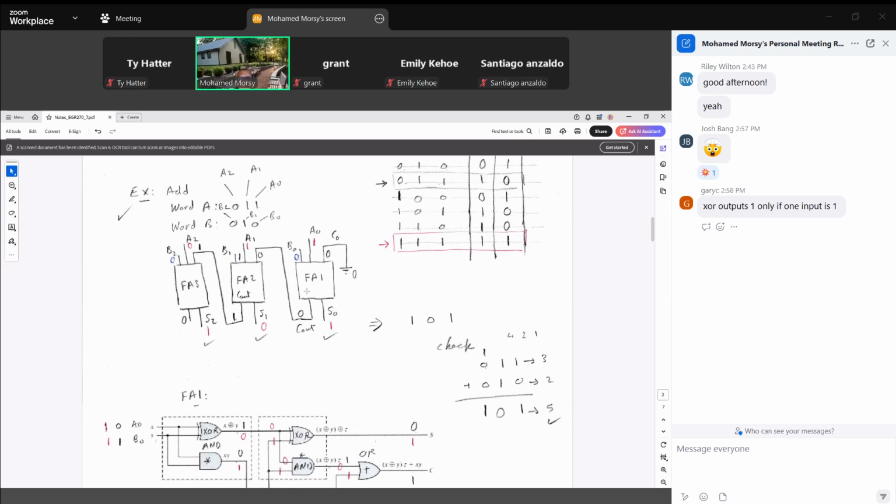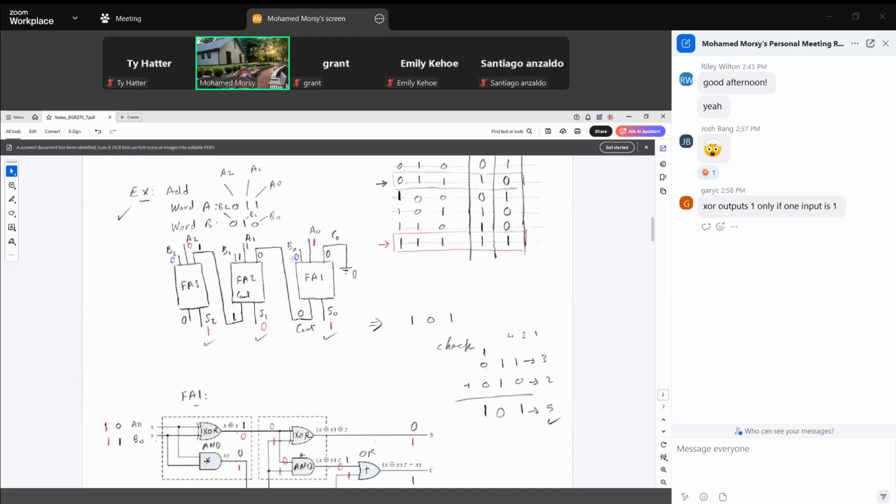Each full adder has two outputs, the sum and the carry. So the first one has S0 and its carry, and so on, S1 and the carry, and S2 plus the carry. So again, we add the inputs first.